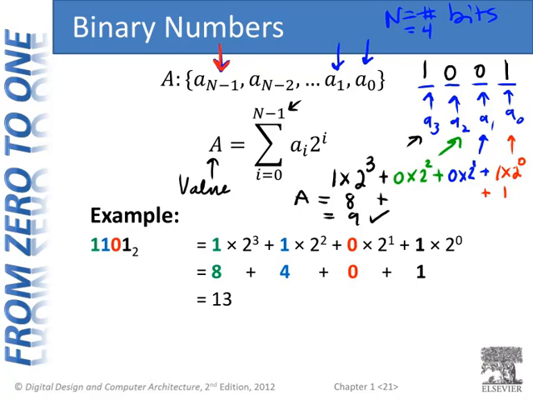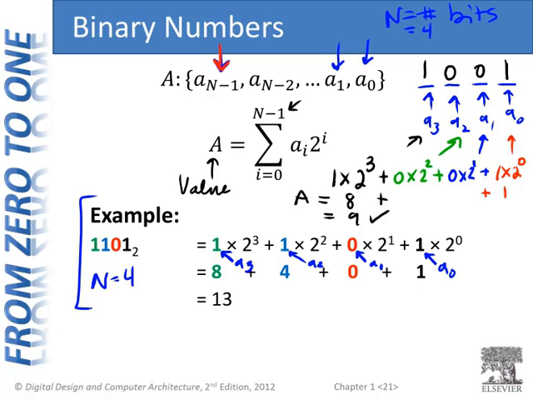And here's another example just below of a different number, 1101. Again, 4-bit, but n could be any number, but n in this case is 4. So we add a sub 0 times 2 to the 0 plus a sub 1 times 2 to the 1 plus a sub 2 times 2 to the 2 plus a sub 3 times 2 to the 3.